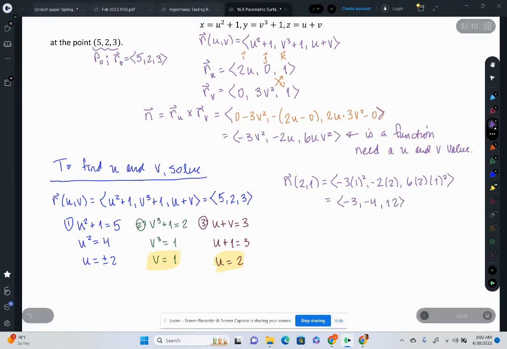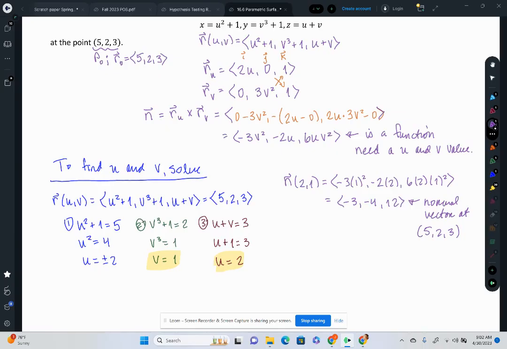This is my normal vector. So this is the normal vector at 5, 2, 3. If I had been given a different point, a different x, y, z point, then I would get different u, v values. So this is particular to our point.